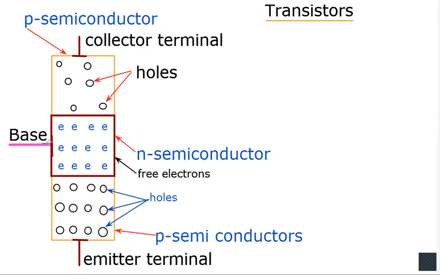So it means there is a junction diode between the first P section and the next N section. Am I right here? Yes. Then there is another diode between the N semiconductor section and the second P semiconductor section.